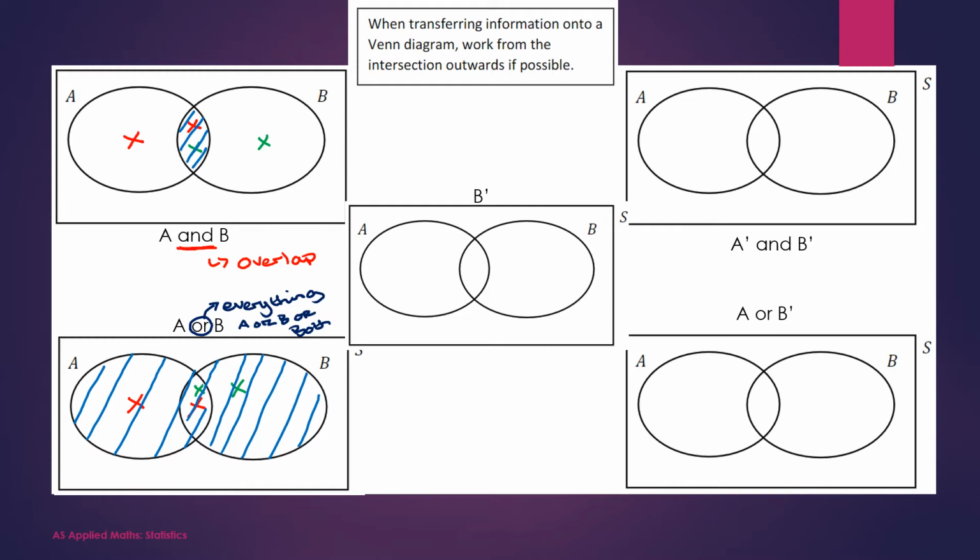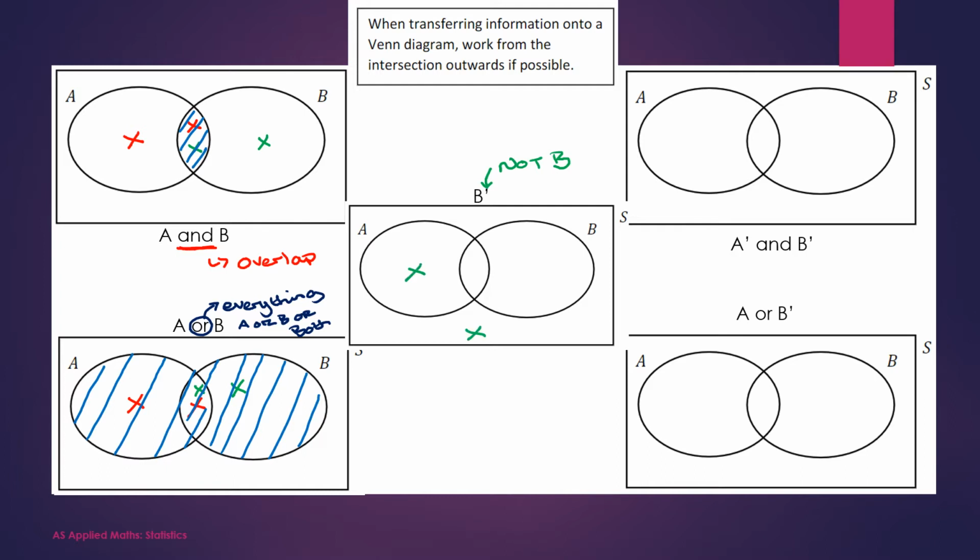If we are looking at this next one, so that dash means not, so we're looking for not B. So anywhere that is not B, so B is this circle here, so not B would be that region and that region.